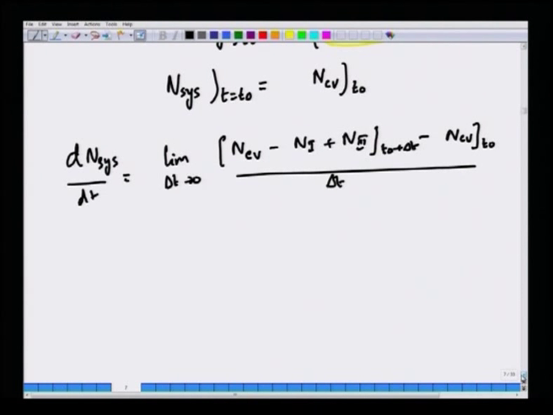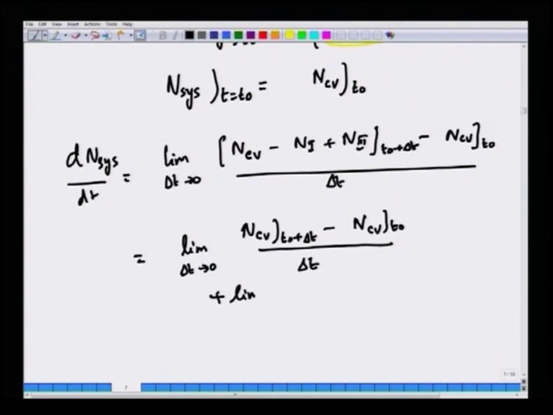This is nothing but the limit delta t going to 0 of N CV at t0 plus delta t minus N CV at t0, divided by delta t.